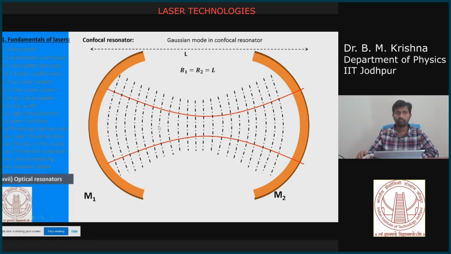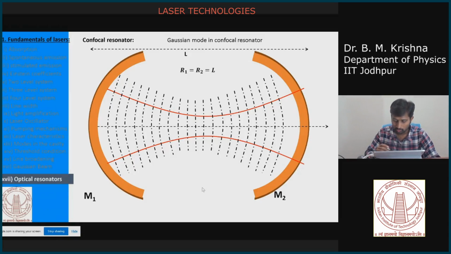If you see, the wavefront curvature at the focus is infinity. As you go towards the mirror side, you will get the curvature of the mirror. At this position, the wavefront curvature will equal your mirror curvature. That is the propagation direction of the laser beam if we have an amplifying medium.